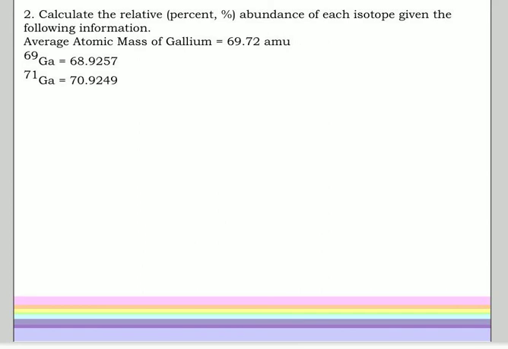You'd have to do multivariables, and that wouldn't be that much fun. So you can only do it with 2. Basically what we have to look at is our average right here, 69.72. That's what we get off our periodic table. And these are each of the isotopes, their percentages, and their masses. We're going to set it up just like that last problem, but we're going to have to use some algebra.